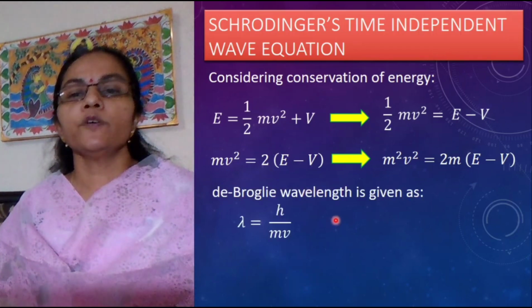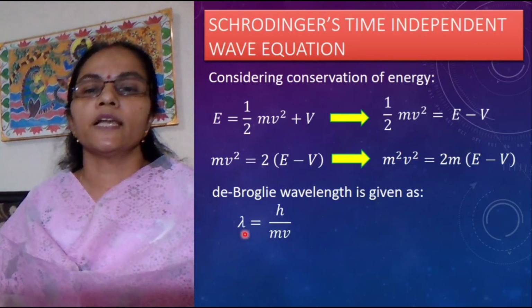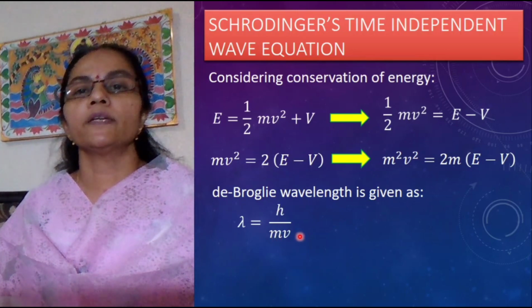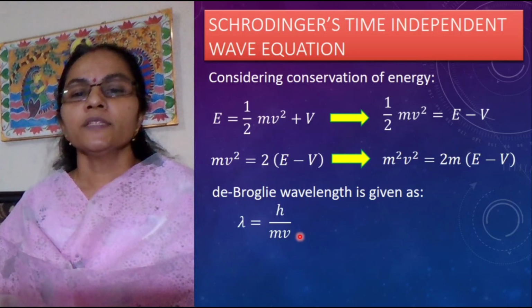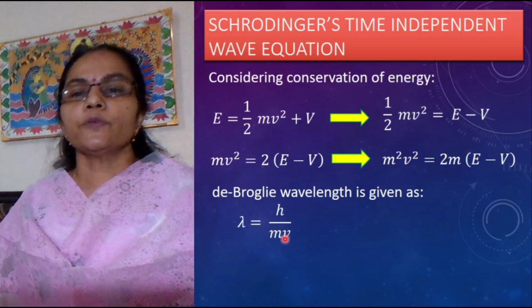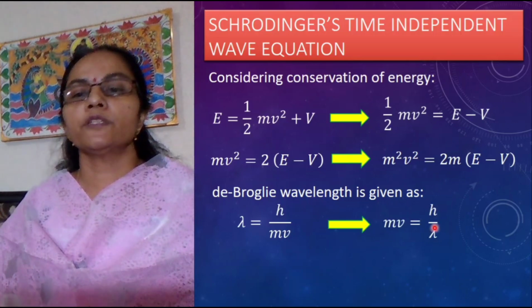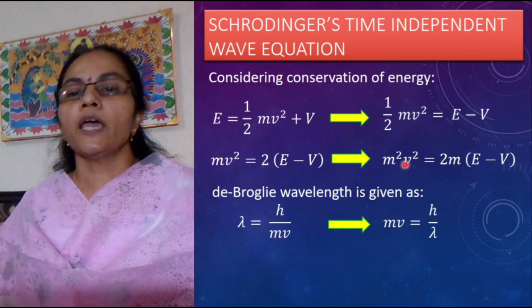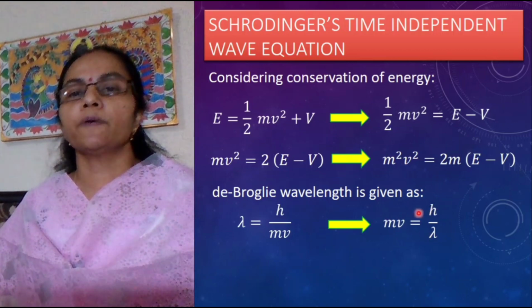Further, from the de Broglie wavelength, what is the value? That is lambda equals h by m v. This is what we obtained in our previous lecture. You can go back and check it. So lambda equals h by m v, or m v equals h by lambda. Here we have m square v square, and m v is nothing but h by lambda.